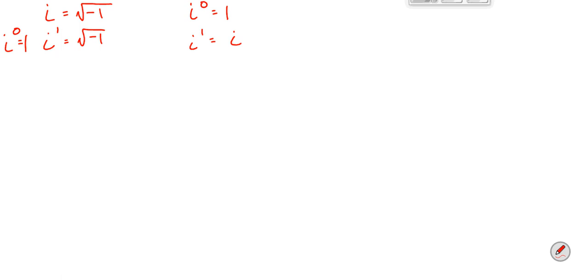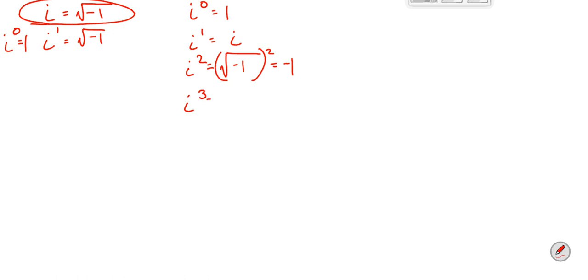Then i squared is the square root of -1 raised to the second, and when we square that, the squaring and square rooting cancel each other, so we get -1.